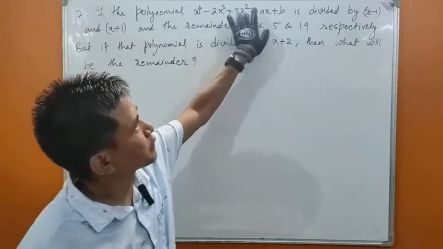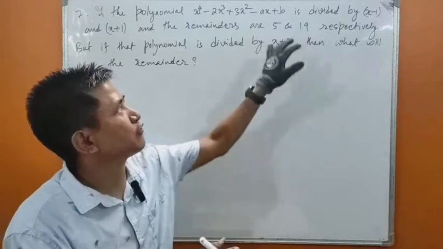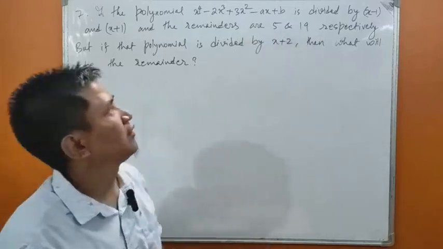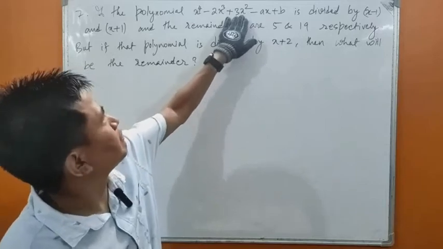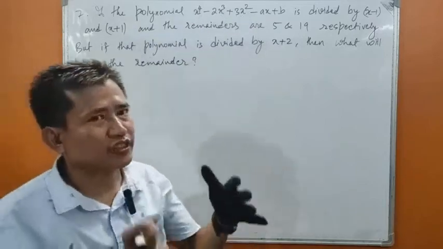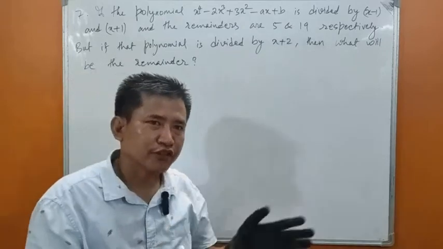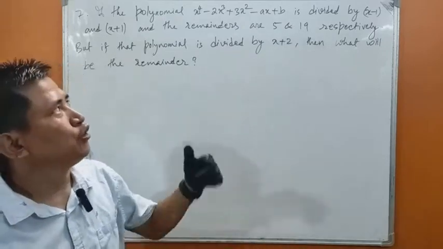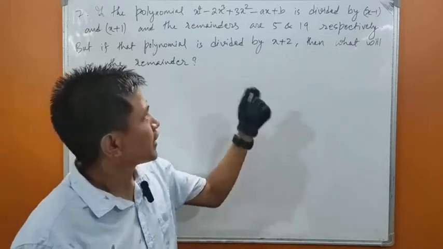When we divide this expression by x minus 1, we get a certain remainder, and that remainder equals 5. That is equation 1. And in the second case, when we divide by x plus 1, the remainder equals 19. That is equation 2.